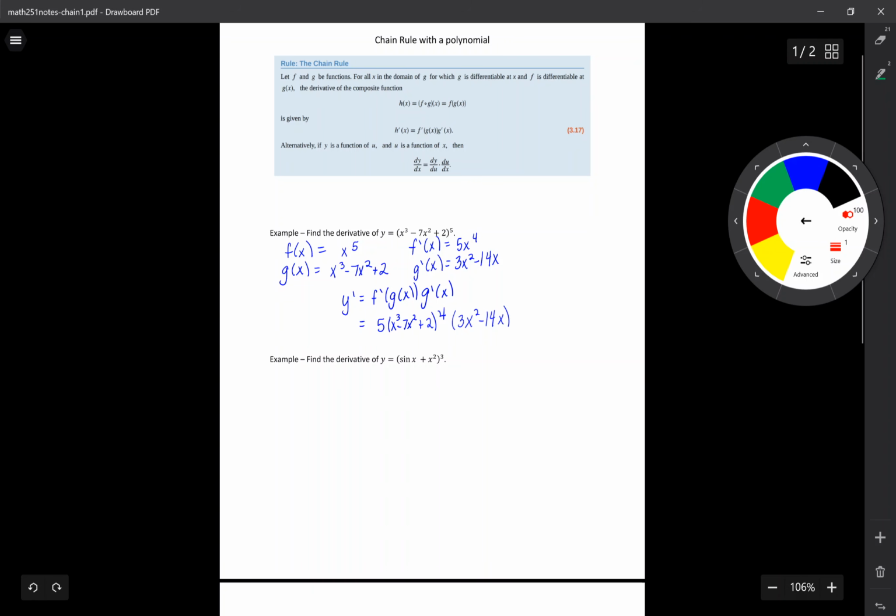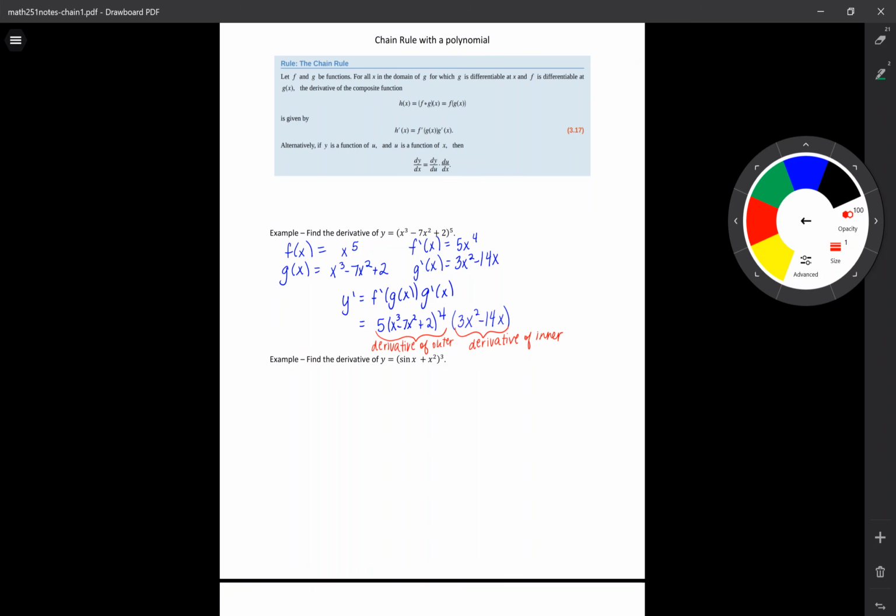Another way to think about this is that this is the derivative of the outer function times the derivative of the inner function. And this is the chain rule. This is our answer. Let's do another example.